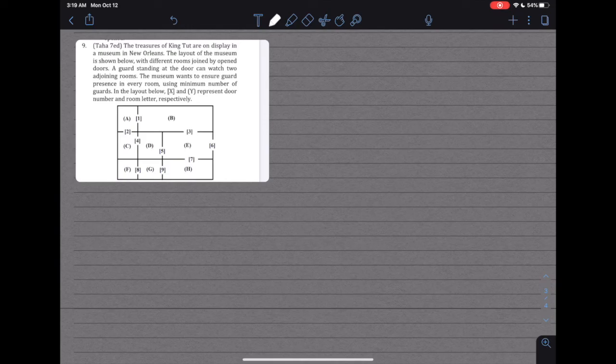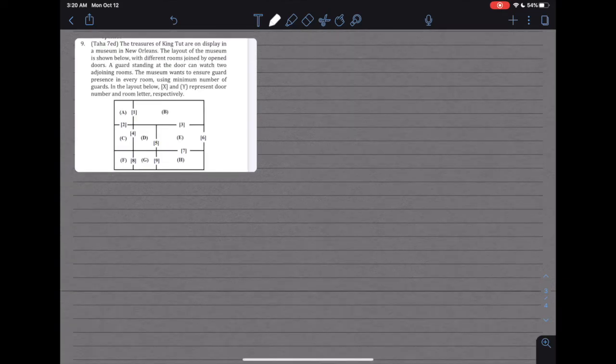In the layout below, X and Y represent a door number and a room letter, respectively. So in this case, we want to cover all rooms by having a guard in each door, and a guard can watch over 2 rooms. So it's a set covering problem because we're covering all the rooms in the museum.